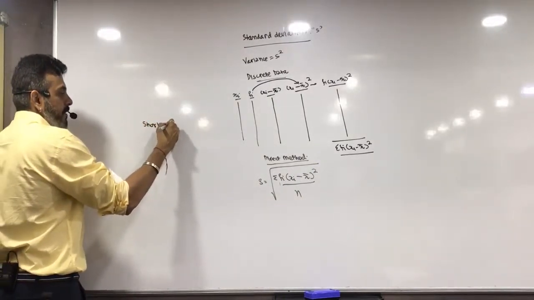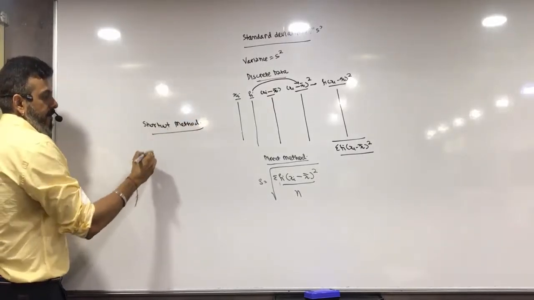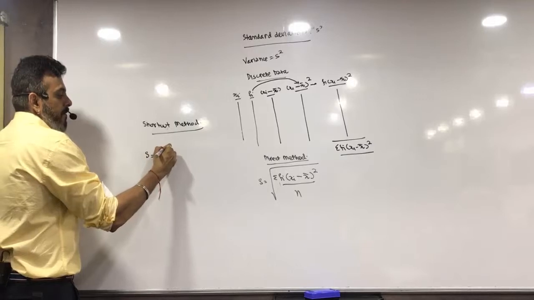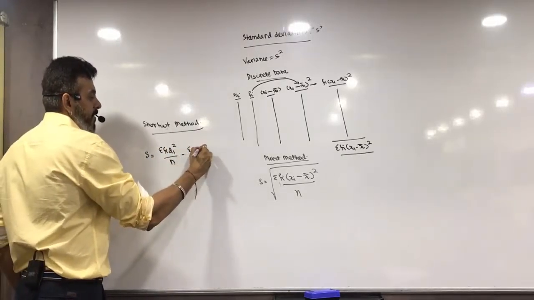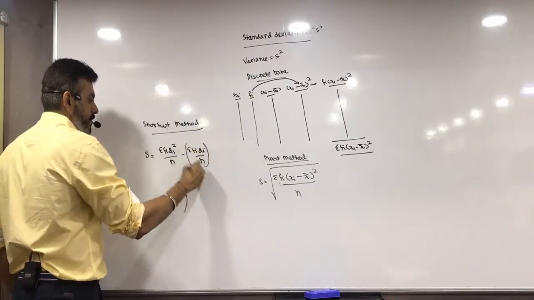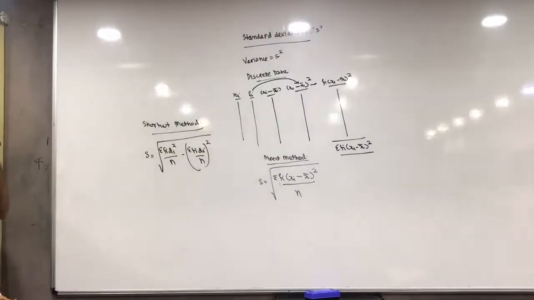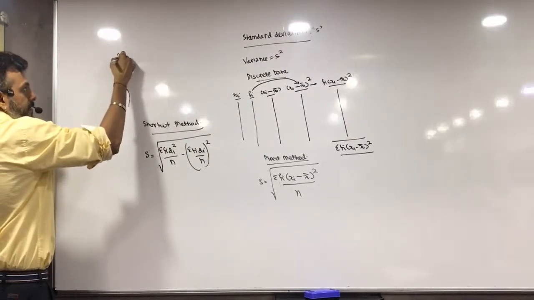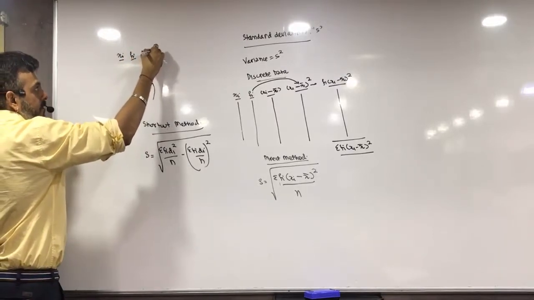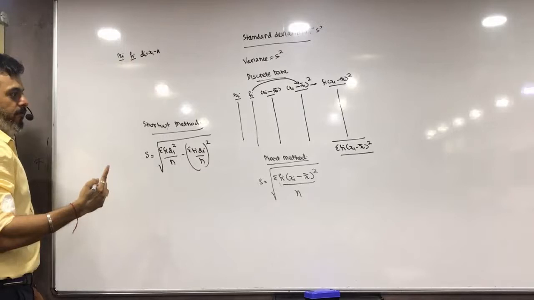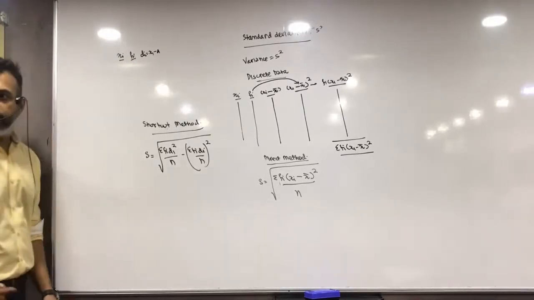Now this shortcut method is the most widely used and very easy. The formula is the square root of sigma fi di square upon n minus (sigma fi di upon n) the whole square. Here you have xi, you have fi, and you find di. Di is equal to xi minus a, because you have to find the mean if you want the coefficient of standard deviation.